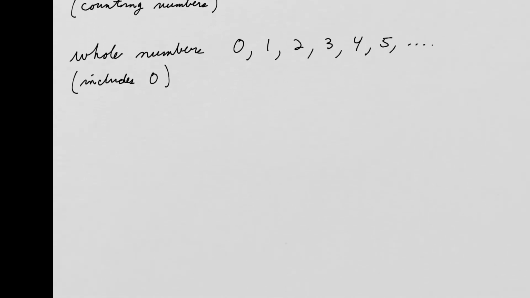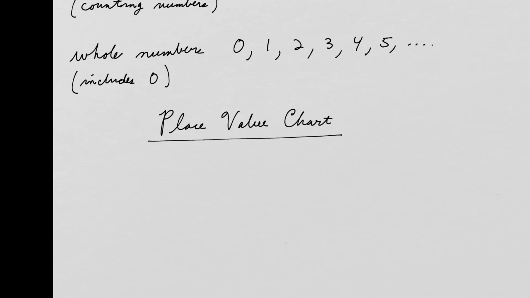This is what's called a place value chart. And this is really for base 10, which is what you are most familiar with. Some people call this the decimal system as well.